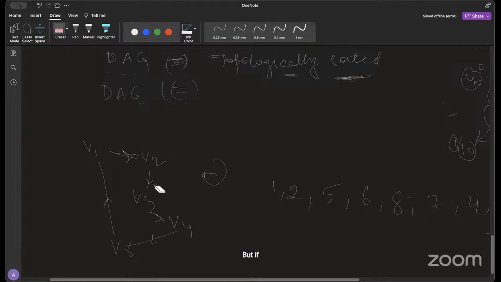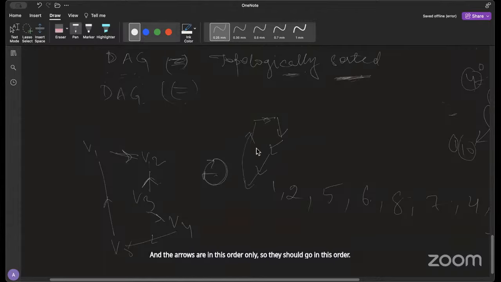But if you change one arrow, then it's not cyclic. If I do this, you're going here, and this arrow is opposing this arrow. So in simple words, if your arrows are forming a closed loop in this order, that's when the loop is closed. If you have two arrows pointing toward each other like this, then it's not a cycle.